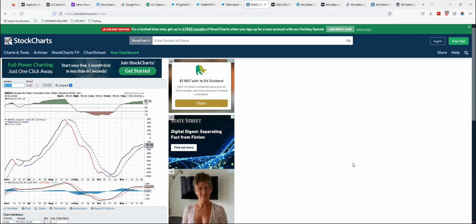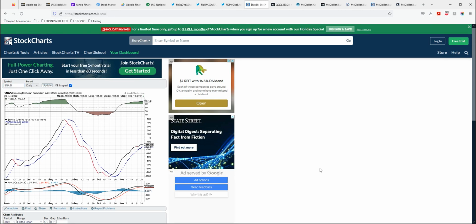It's going to be very interesting to see how the summation index McClellan oscillator helps us understand the direction of the market. So stay tuned for more episodes. I'm definitely going to come back to this McClellan oscillator chart to give you guys an update on the crossover.